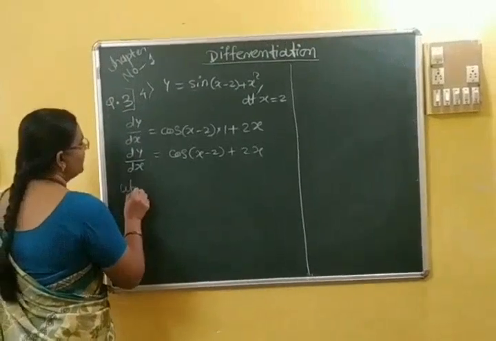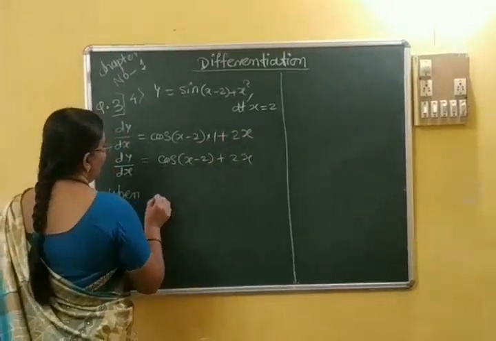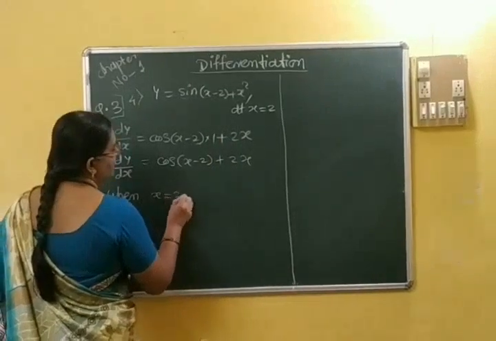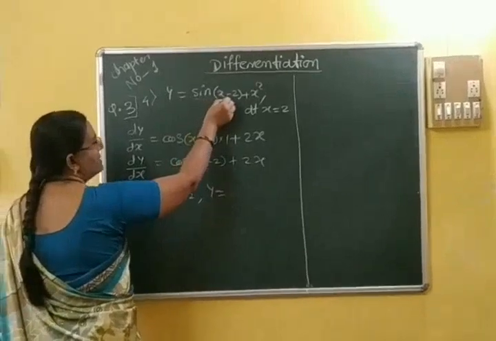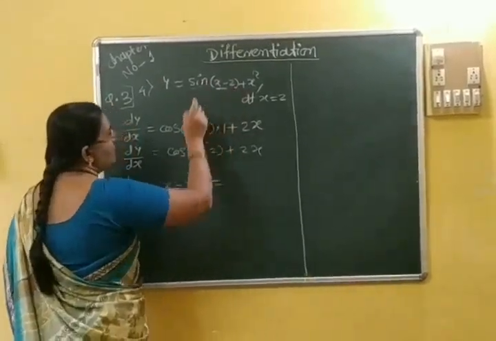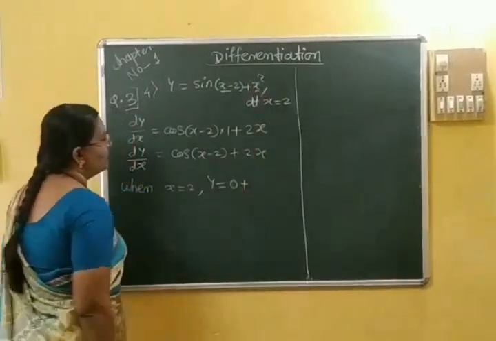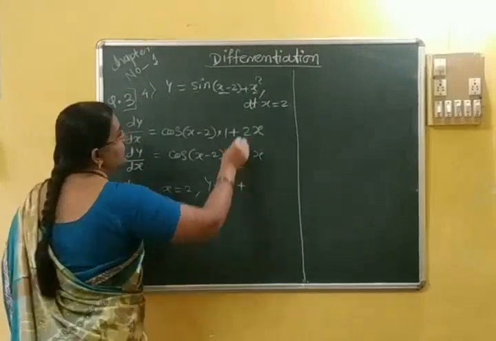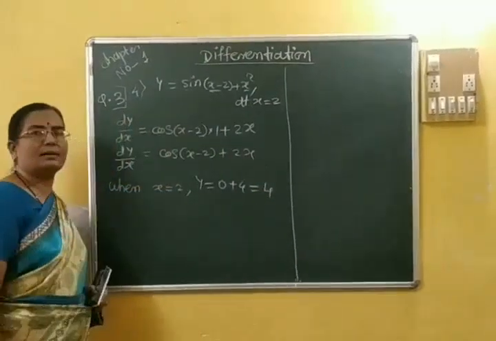First we have to find the value of y at x equal to 2. When x is equal to 2, put it here: 2 minus 2 becomes 0, sine of 0 becomes 0, plus 2 squared is 4, so the value of y becomes 4.